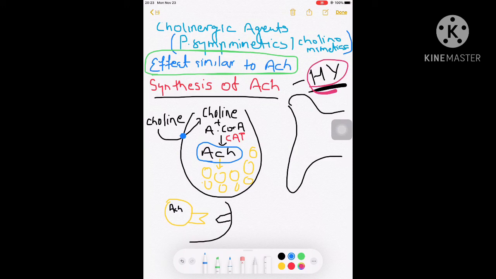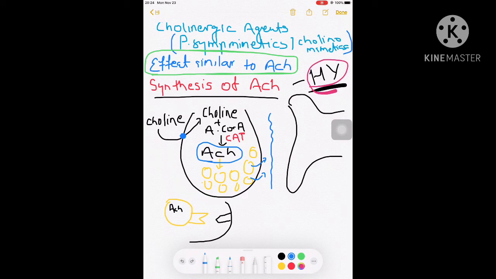This is the junction, and they will be released here. During depolarization, when this part is depolarized, then acetylcholine is released.